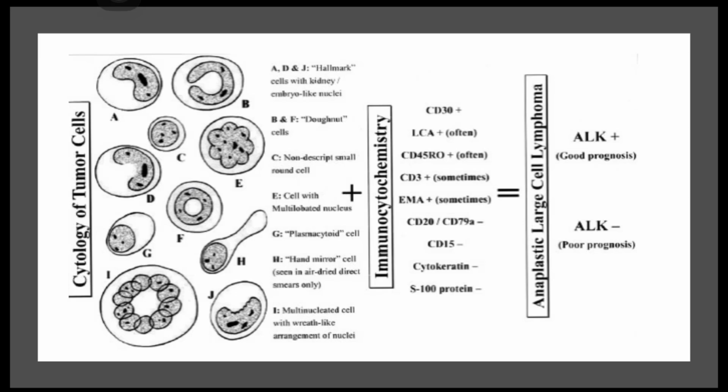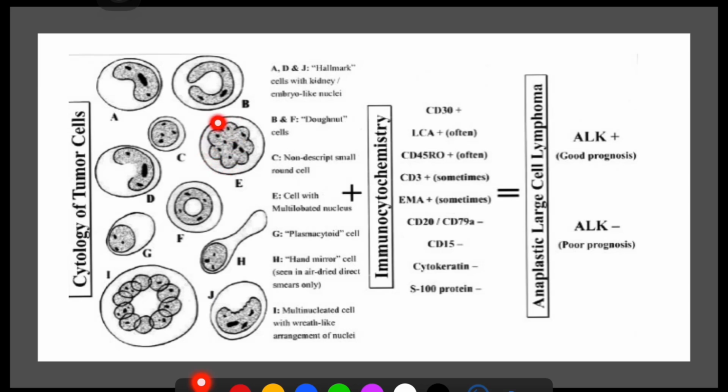So here you can identify hallmark cells which have a kidney shaped appearance or embryo like appearance. So these three, A, D and J, have hallmark appearance. This is small cell type. These are donut cells having central clearing, and this is half donut shape.